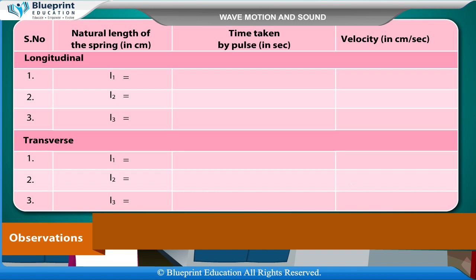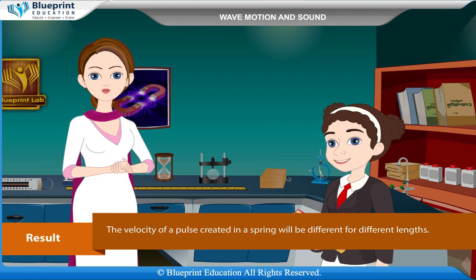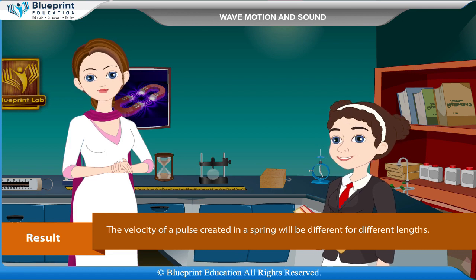Longitudinal: L1 is equal to, L2 is equal to, L3 is equal to. Transverse: L1 is equal to, L2 is equal to, L3 is equal to. Result: the velocity of a pulse created in a spring will be different for different lengths.